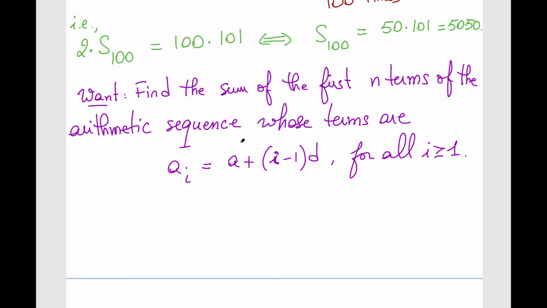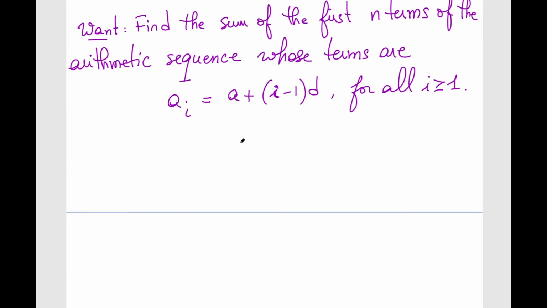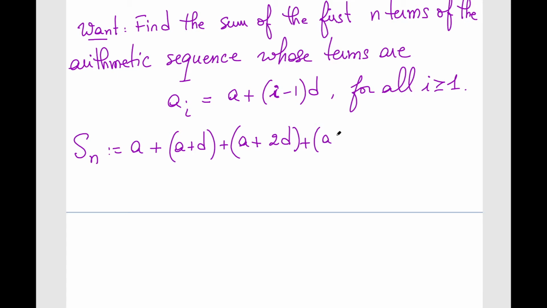Okay, so what we want to do is find Sn, which denotes the sum of the first n terms. The first term is a, the second term is a plus d, right? The third term is a plus 2d, and so on. So a plus 3d plus dot dot dot all the way to the last one. Let's write the second to last.